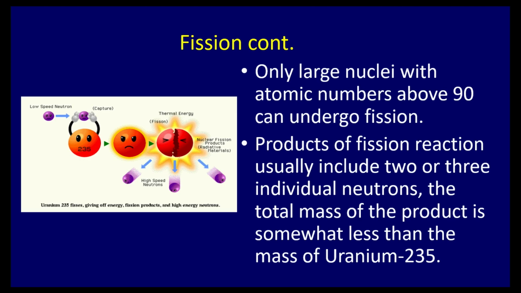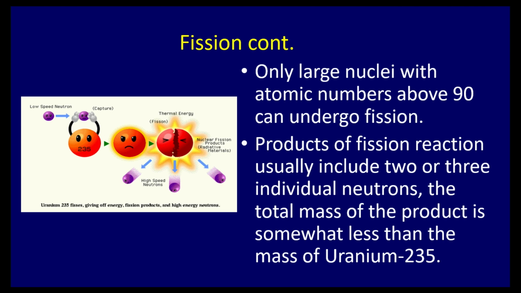Only large nuclei with atomic number above 90 can undergo fission reactions. Not every atom would undergo these fission reactions, only atoms with atomic number 90 and above would undergo fission. Atomic number 90 means the nucleus will have 90 protons.